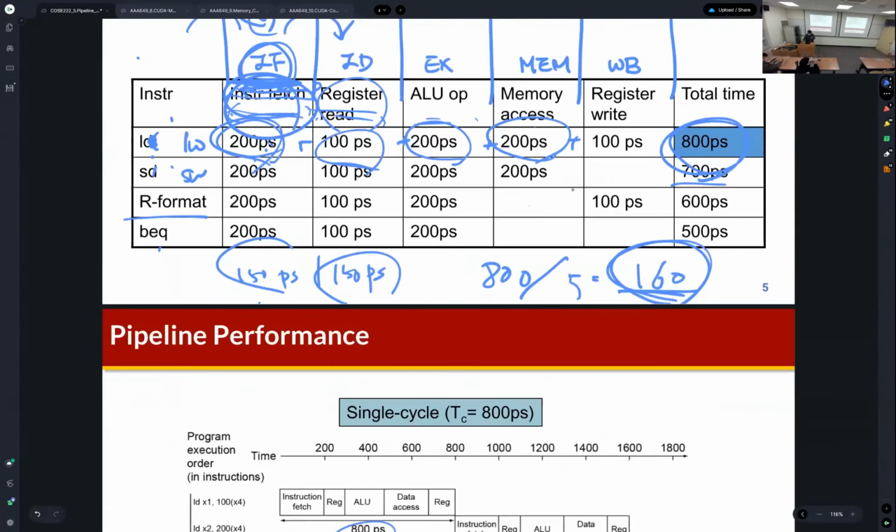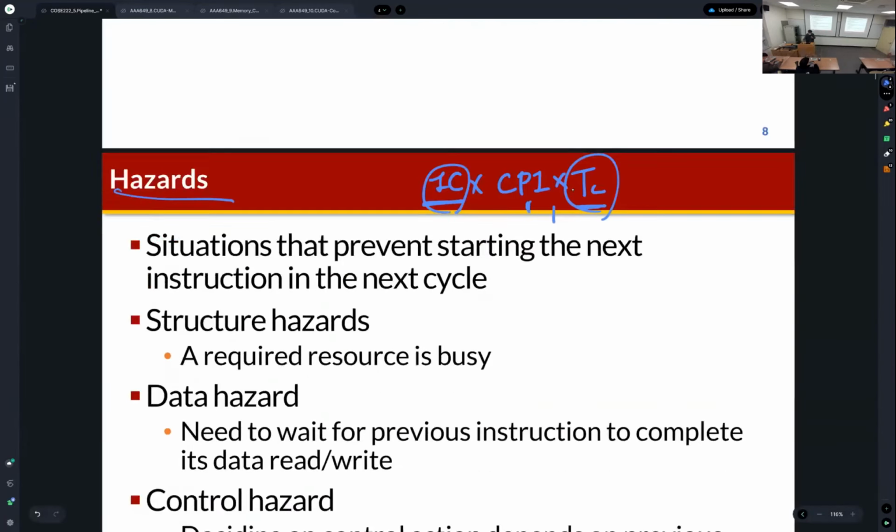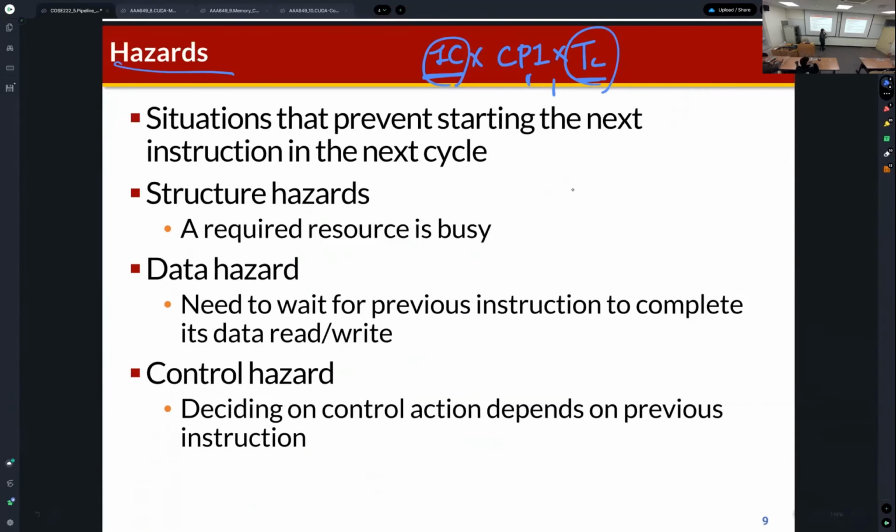But unfortunately, if the pipelining idea is applied to the processor design, then clock cycles can be wasted. In a single cycle processor the CPI is 1.